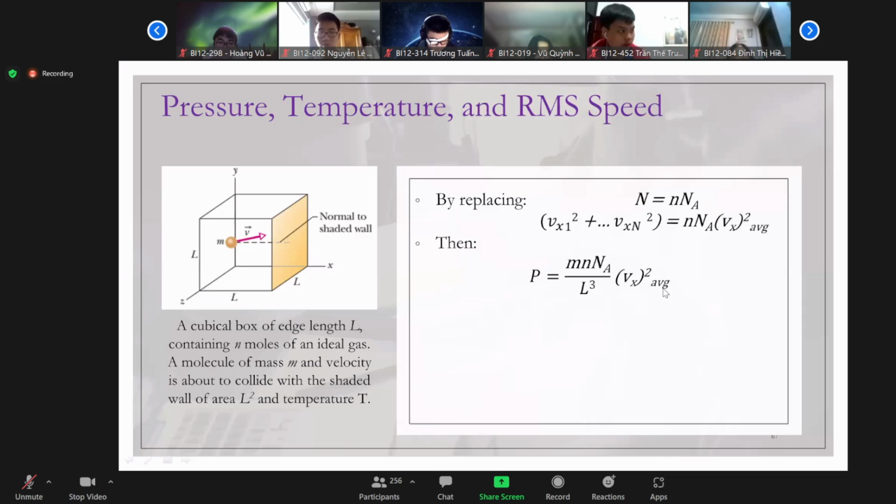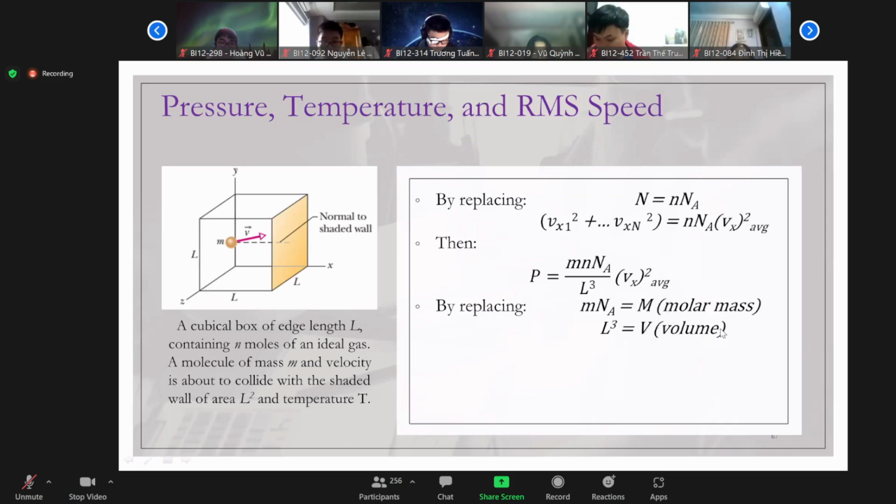If we replace once again the M and A here with the M, this is actually the molar mass, and the L cubed here, but this is actually the volume, right? And we rewrite the pressure.